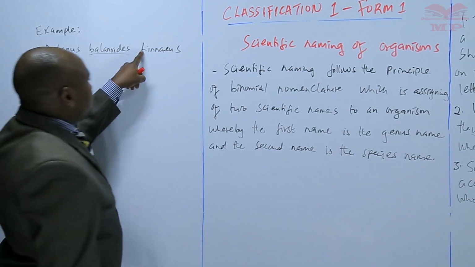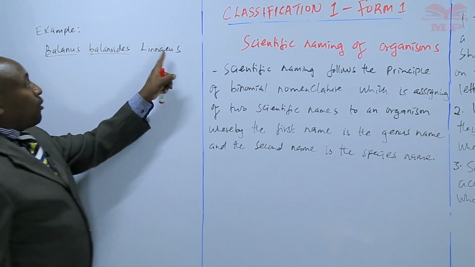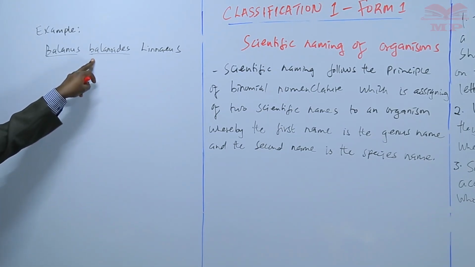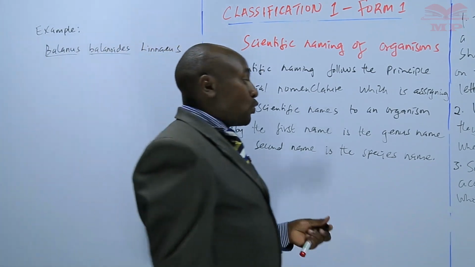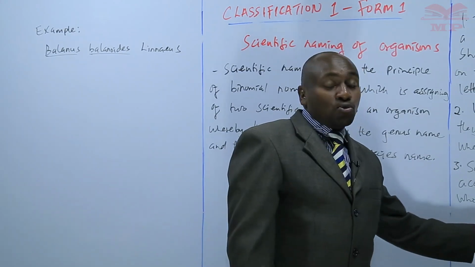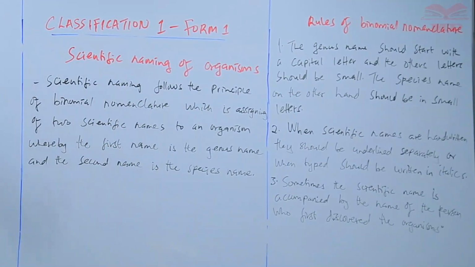But the third name, which is not always there, is the name of the person who discovered this particular species. So sometimes when you observe a third name, then you know that that is the name of the person who first discovered that particular species.